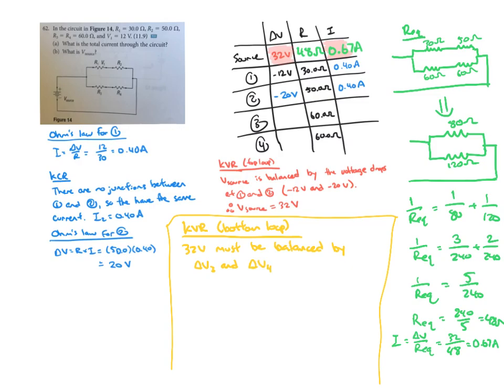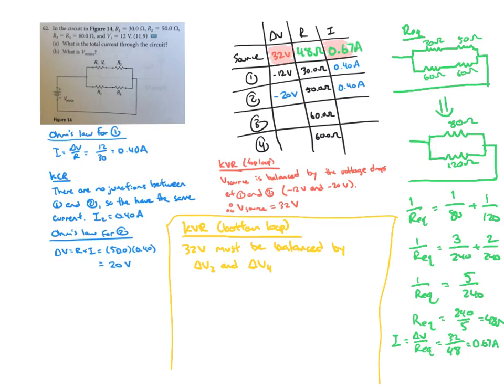Okay, 32 volts must be balanced by voltages 3 and 4. However, I know that they're going to be the same voltage, 16 volts each, because they're the same resistance.